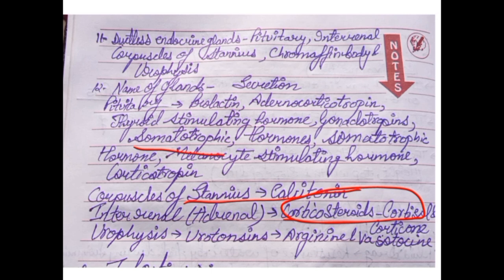Then urophysis is responsible for urotensin, and generally produces arginine vasotocin hormone, which is responsible for osmoregulation, and hemocytosis, which generally maintains the blood temperature or the fish temperature, okay.